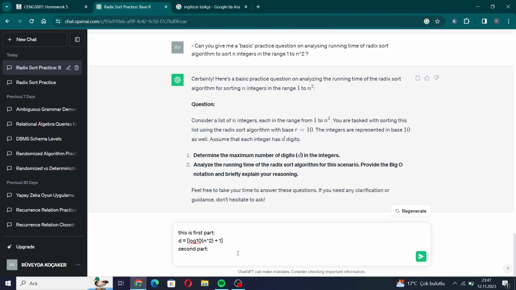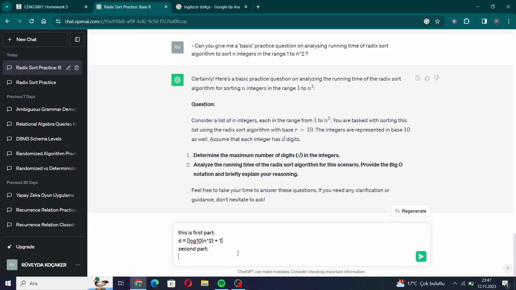For each pass, Radix Sort performs a stable sort based on the values of the digit, assuming each digit's processing takes O(1) time. The time complexity for each pass is O(n). Since there are d passes, the overall time complexity of Radix Sort is O(d times n).